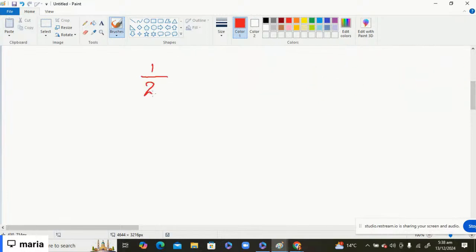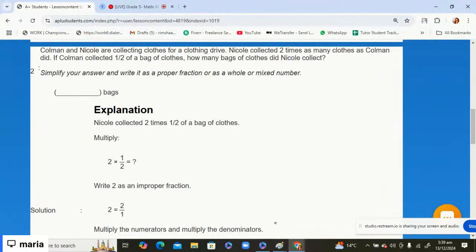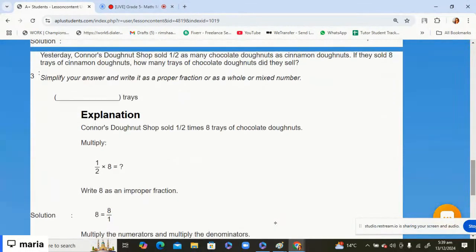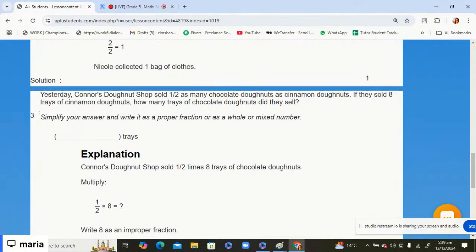We are going to multiply 1 by 2 with 2. So 2 times 1 is 2. Multiply the top numbers with each other. Then the bottom, there's nothing, so you put the same number. This 2 and 2 is the same. So your answer is 1. Okay. This is the way that we solve this question. So here you're going to tell me the answer of this one.